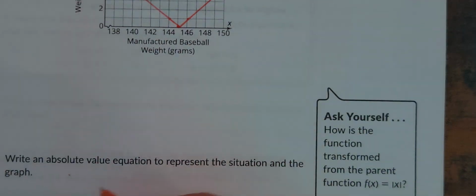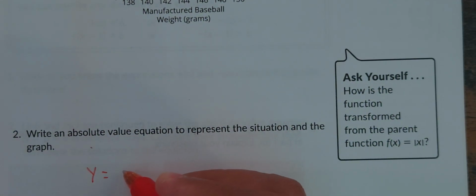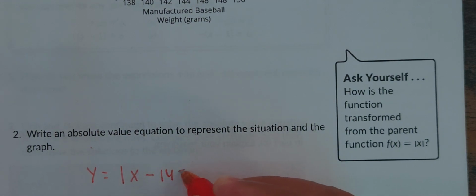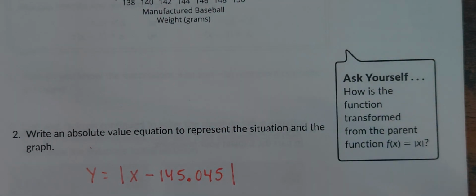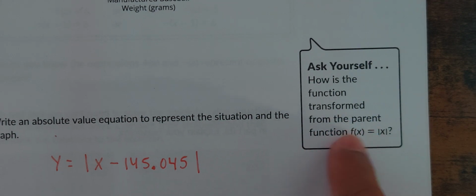So then the absolute value equation is y equals the absolute value of x minus 145.045.